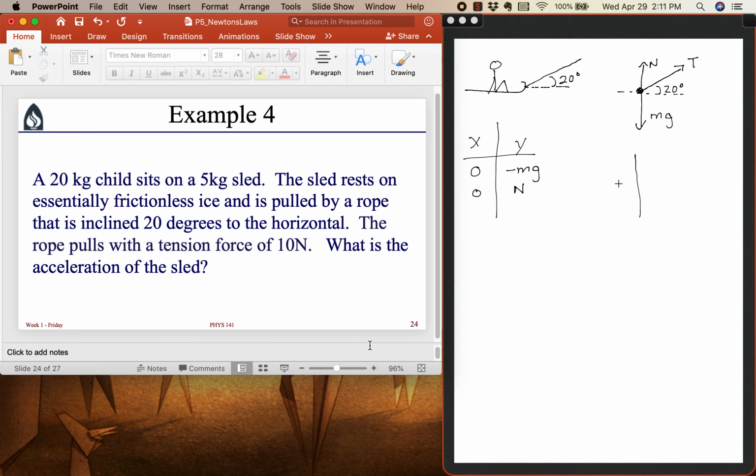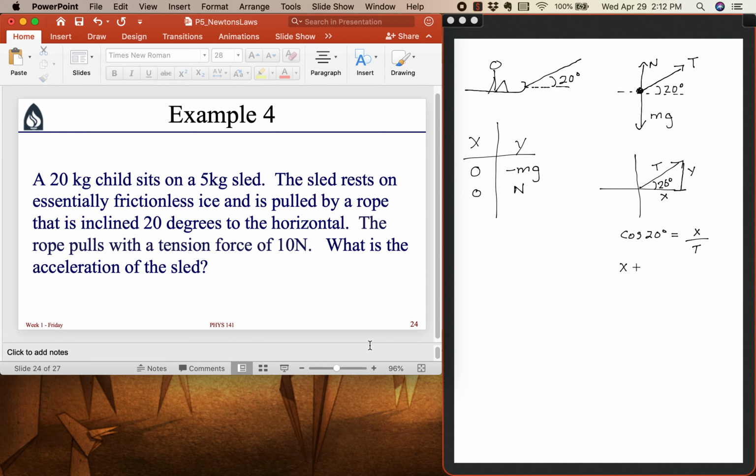So here is the coordinate system, and then here is my tension force, making an angle of 20 degrees with respect to the horizontal. So then if I drop a line down to the positive x-axis, I can see that this is the x component, this is the y component of the tension force. So then if I take the cosine of the 20-degree angle, the cosine of 20 would be adjacent, which is the x component, over the hypotenuse.